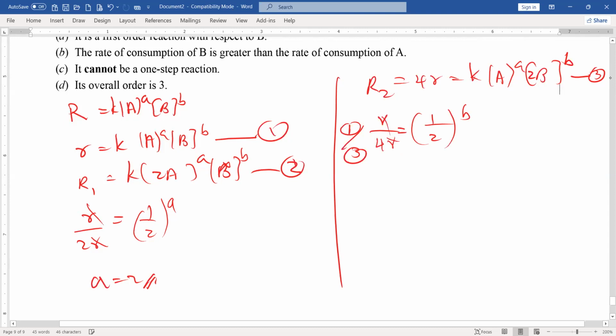R will cancel. So 1 over 4 equals half to the power B, equals half to the power 2. So B equals 2. Here A equals 1, B equals 2.